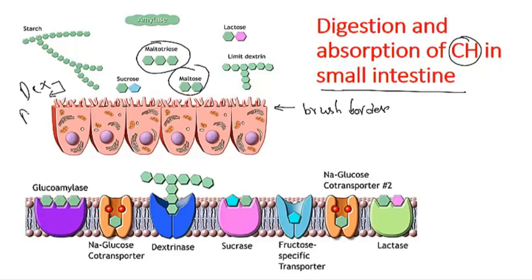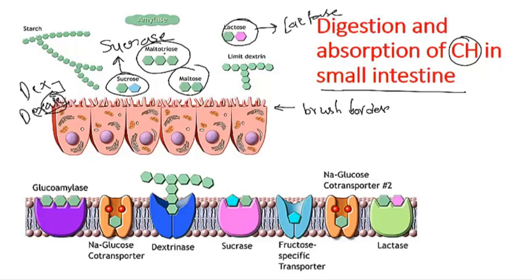Any enzyme you'll see ending in -ase will be the enzyme to break it down. For example, to break down sucrose, we have sucrase secreted there. For breaking down lactose, we have lactase. So these are all carbohydrate breakdown enzymes that are secreted there and work there.